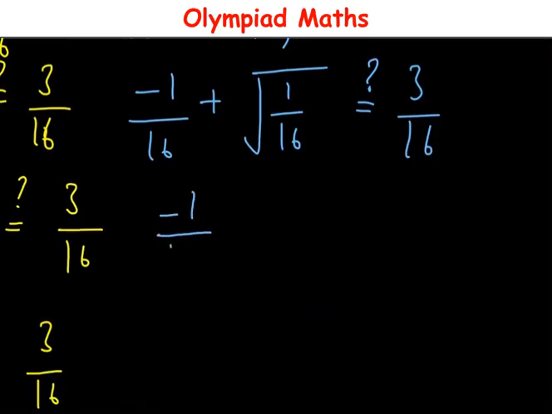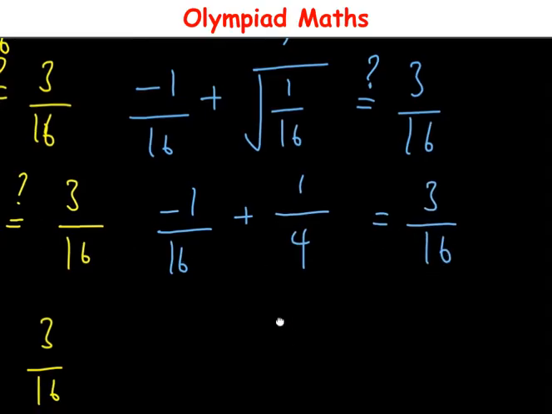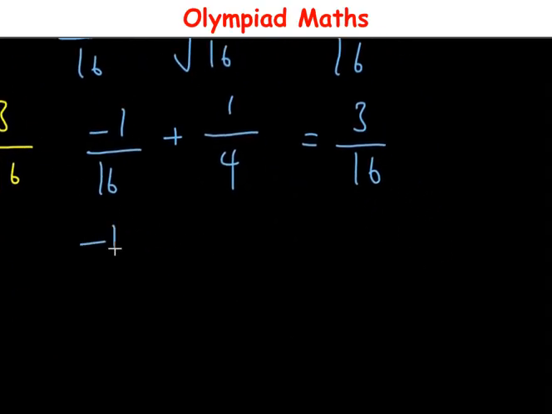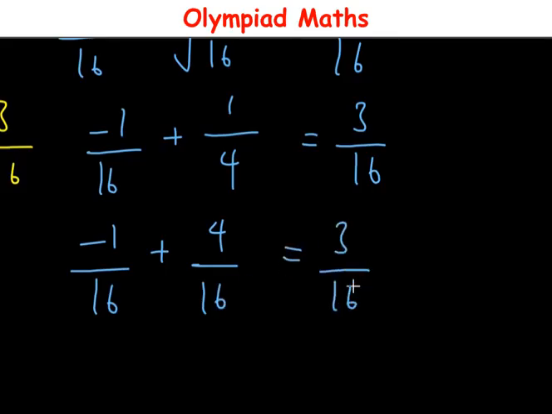Minus 1 over 16 plus, now root 1 is 1, over root 16 is 4. With this equal 3 over 16. Okay, so with this, we have minus 1 over 16 plus, we can write 1 over 4 as 4 over 16. With this equal 3 over 16?